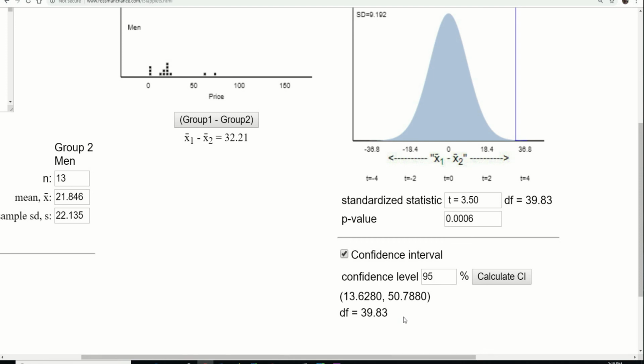And remember, what you look for in a confidence interval when you're doing differences is you'd love this to be all positive or all negative, because that means that all the possible values in your confidence interval are indicating one mean is larger than the other. If this confidence interval straddles 0, that's bad news, because then you're not confident which one's the larger one. So we should expect this to come out all positive because we had such a strong p-value in our hypothesis test.